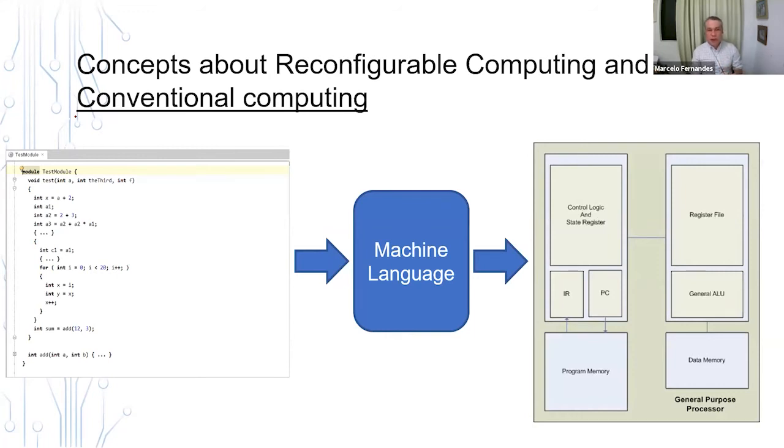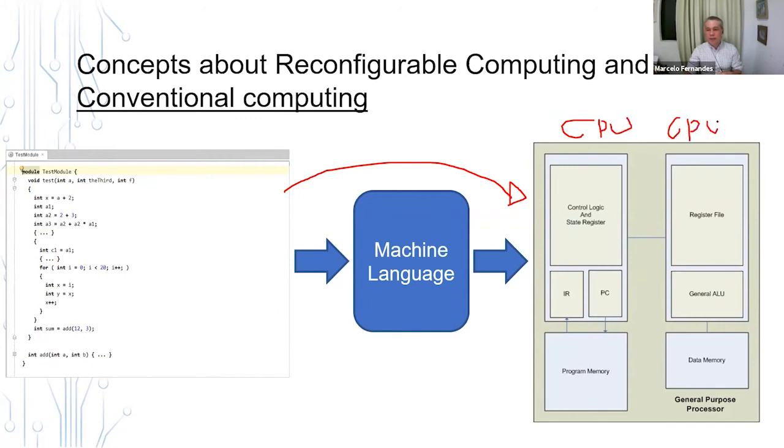With the conventional computing, the GPU, the high performance computer, you always create your algorithm and you transform your algorithm to a processor, a fixed hardware, for example a CPU or GPU.